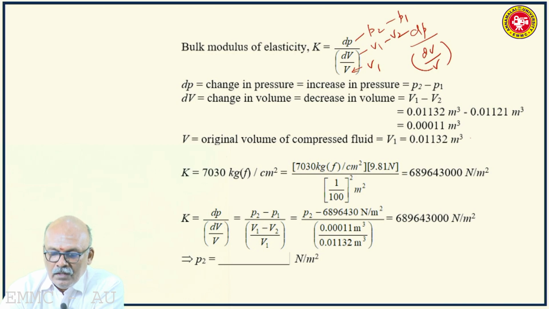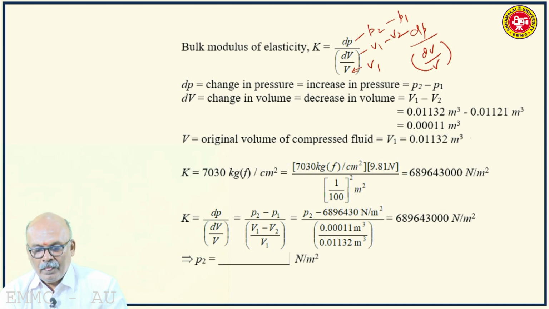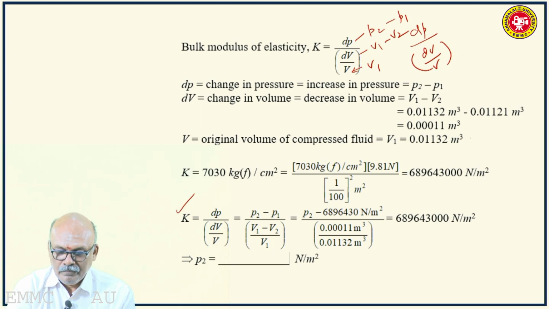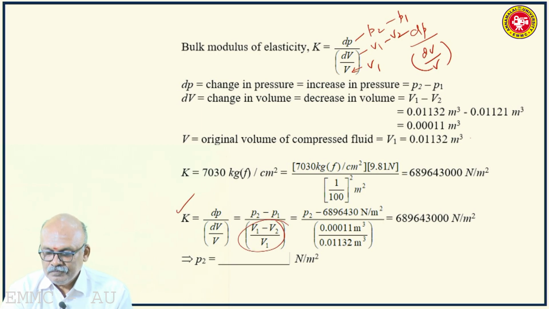So, dP, P2 we do not know, it is asked. P1 is known, V1 minus V2 is dV, V is V1, therefore you get this much, and then you can find out P2 from this. Because K is known, and this quantity is known, so P2 is the only unknown that can be determined.